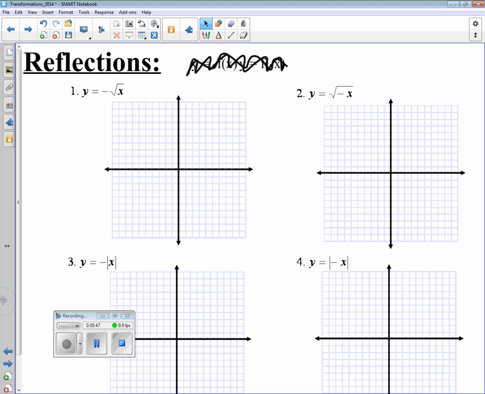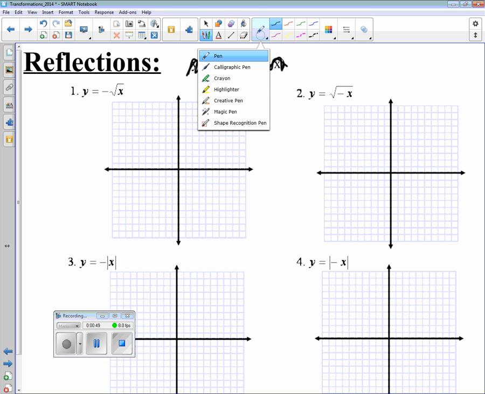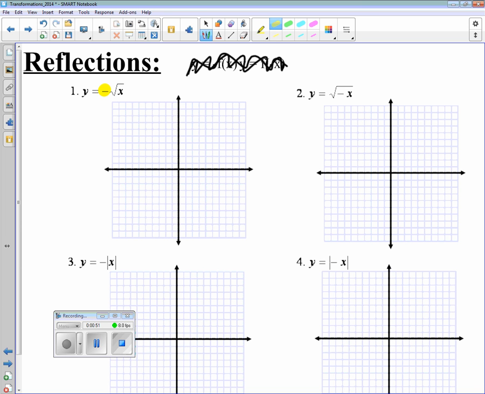If the negative is on the outside, as it is in problems 1 and 3, that means something special. If the negative is on the outside of the radical, outside of the absolute value, that means you're reflecting upside down.